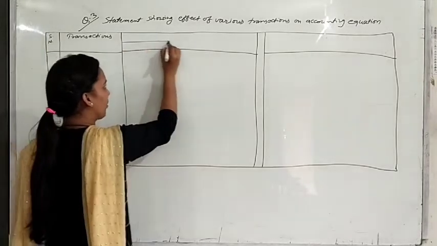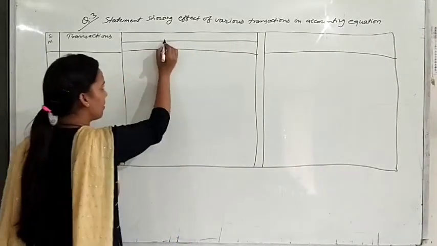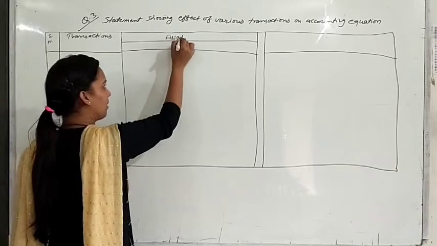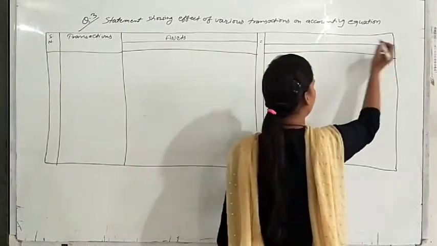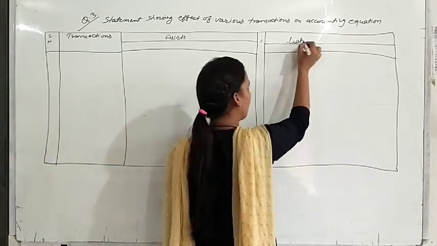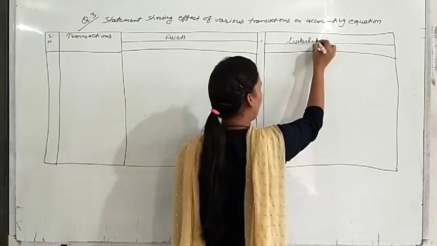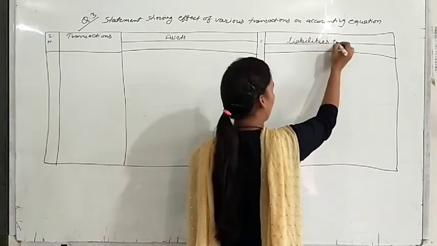This column is also divided into some parts. Here we will write assets is equal to liabilities plus capital. This is our accounting equation.